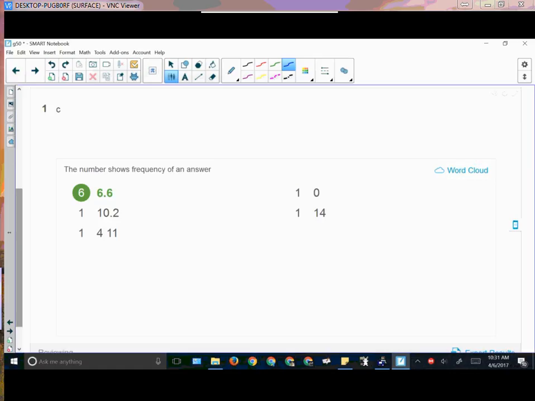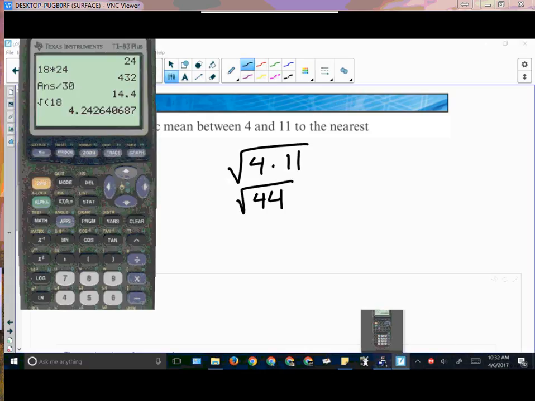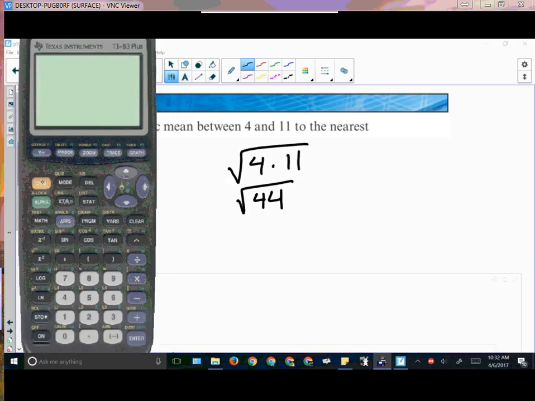Okay. So, the geometric mean for this one is simply going to be the square root of 4 times 11. So it's the square root of 44. On the calculator, we would just use second square root 44, enter, round it to one place, so that would be 6.6. That's all it is.